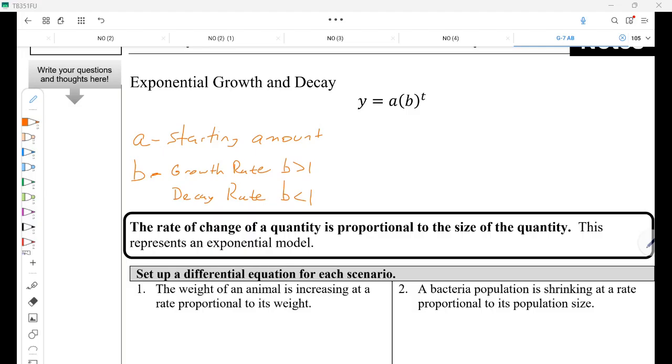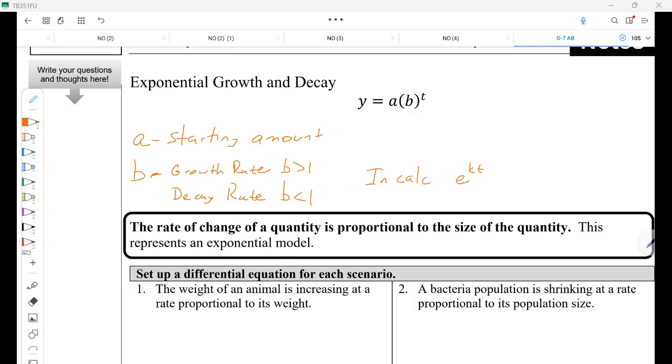The main difference between what you do in pre-calc versus what's going to be going on in calculus is that the base isn't going to be b. It's always going to be e. In calc, rather than having b, we're going to have e to the kt.